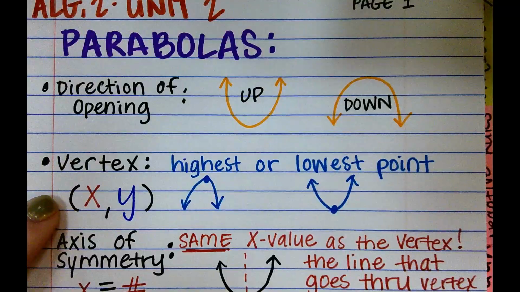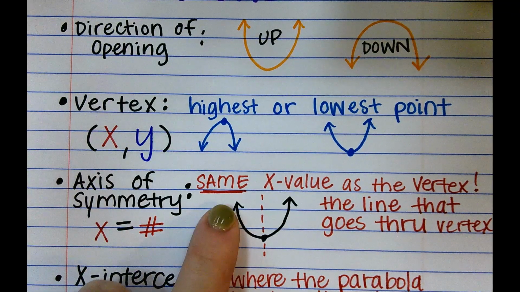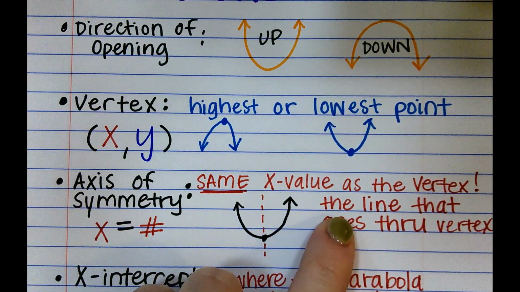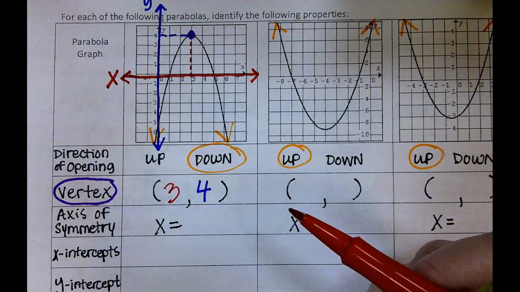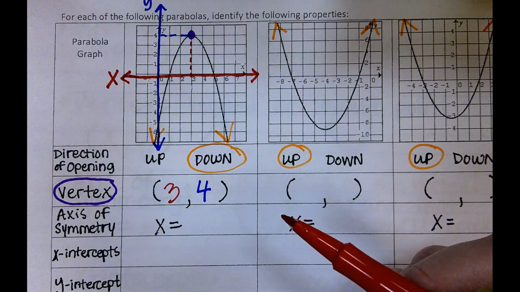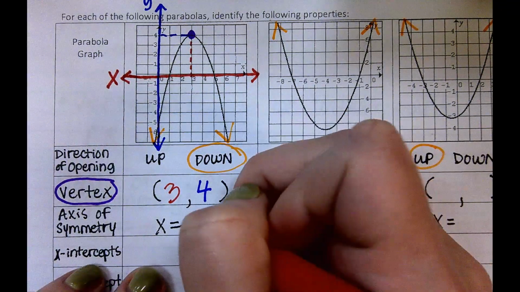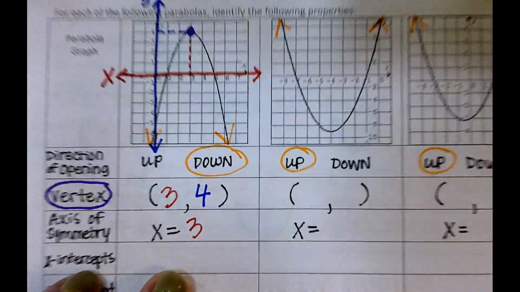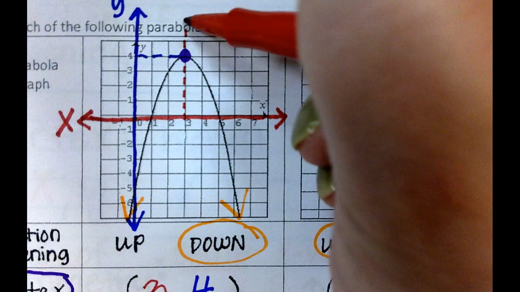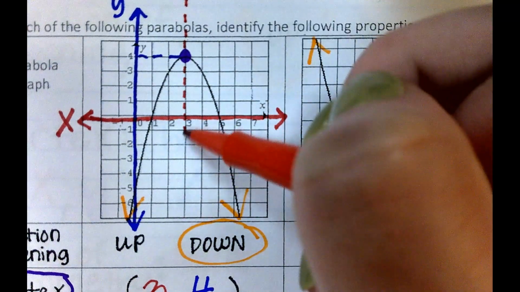Now, if we remember what we wrote in the notes, the axis of symmetry is the same x value as the vertex every single time. Once you have your vertex, the axis of symmetry is easy. What is my axis of symmetry? 3. And we know that because if I look at my graph, symmetry, do you guys know what symmetry means?